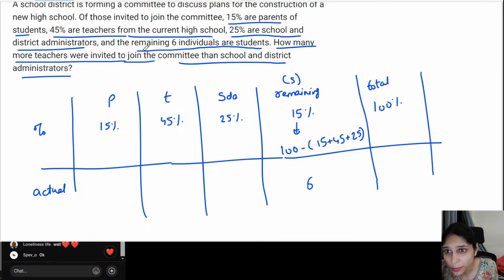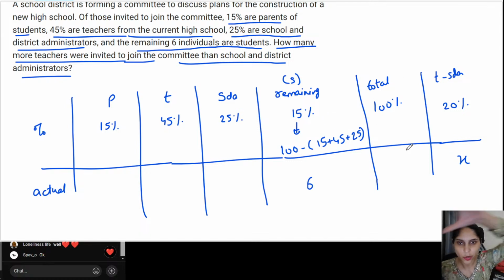What do you want to know? How many more teachers were invited? So how many more? That means they want a subtraction. So they want to know T minus SDA. Teachers minus school district administrators. So this is going to be 45 minus 25, which is 20%. And you have to find this value. So now we will ignore everything else.